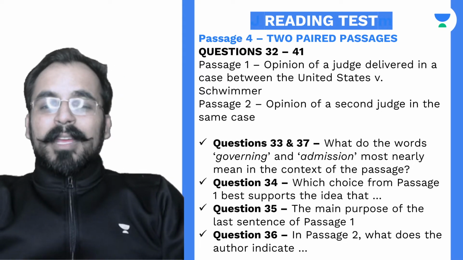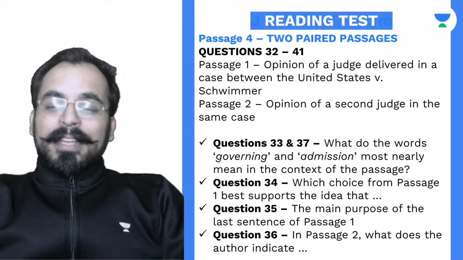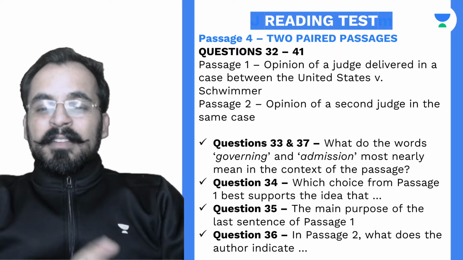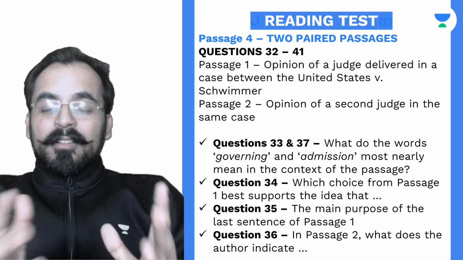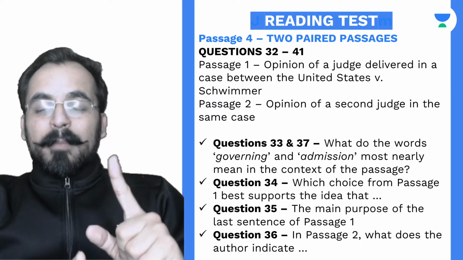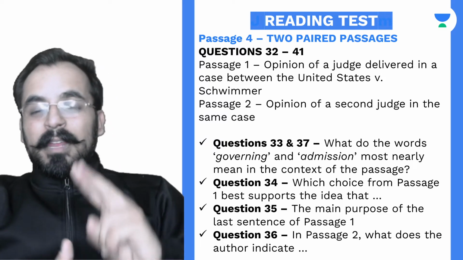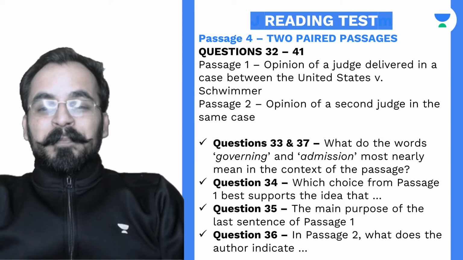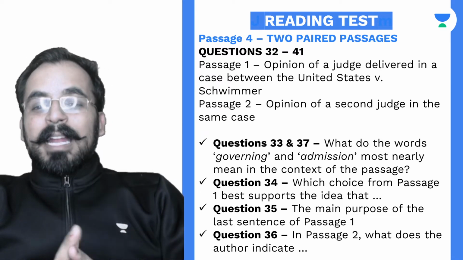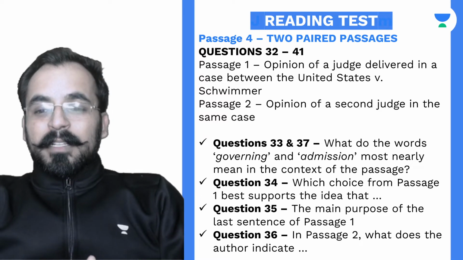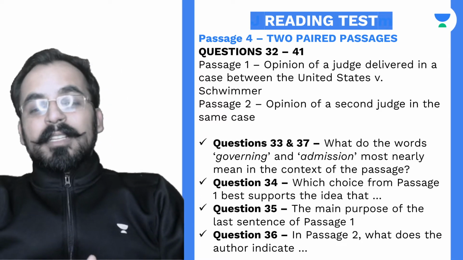Now let's come to the question wise distribution. Questions 33 and 37 were vocabulary in context questions. What we can see from this analysis is that vocabulary in context questions were common, inference based questions were common, and evidence based questions. And the fourth one that we had seen was the purpose of the paragraphs or the sentences.